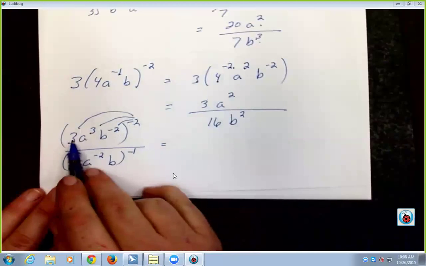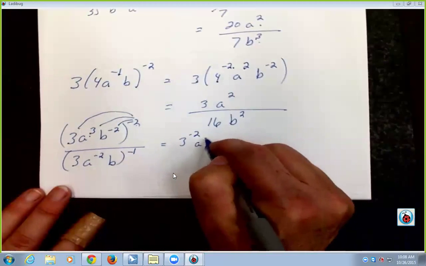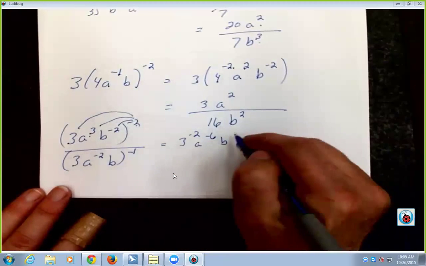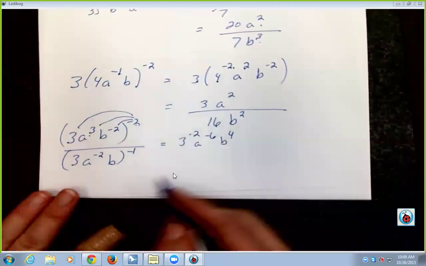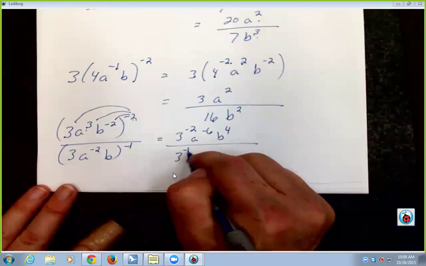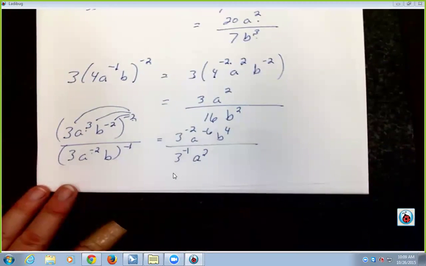So 3 to the negative second, a to the negative sixth, b, negative 2 times the negative 2 gives it a positive 4. Then we do the bottom, 3 to the negative first. Negative 1 times 2 is a squared, positive.